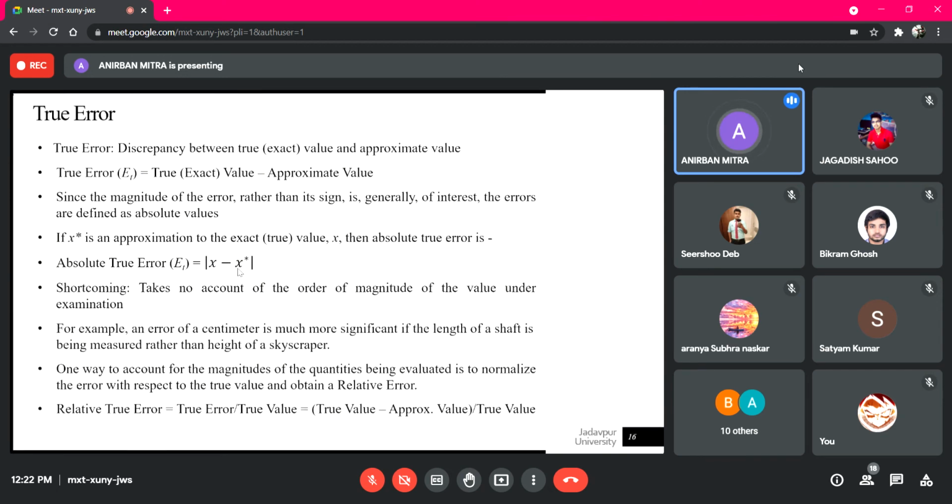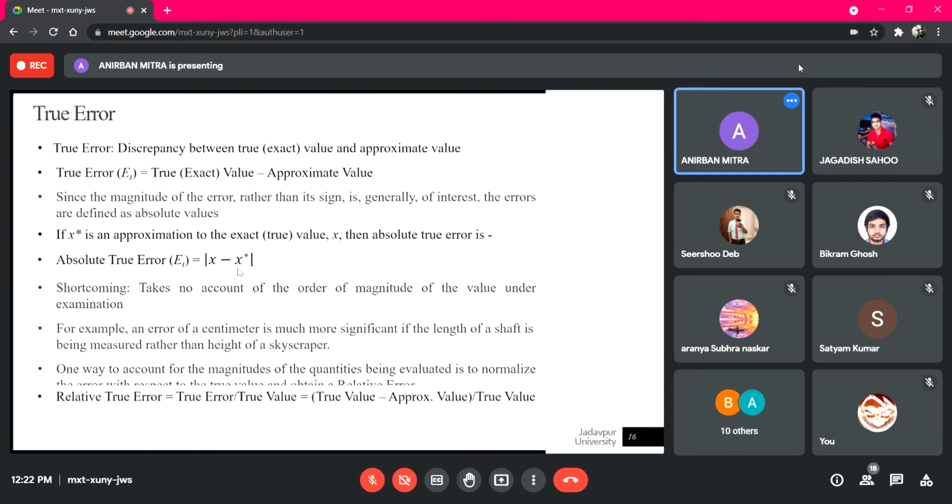How do we define a relative true error? This is simply the ratio of true error and the true value, the exact value. So if you simplify it, this is on the numerator true value minus the approximate value, that is true error, divided by the true value itself. And that gives you a relative true error.